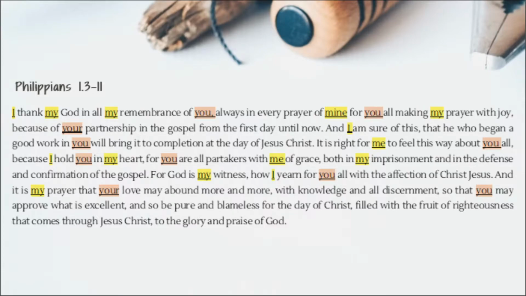So he is praying for them. And there is a lot. Look at that. So I, my, mine, me, that would all be one. And then you, yours. And that's the split. And there's lots.